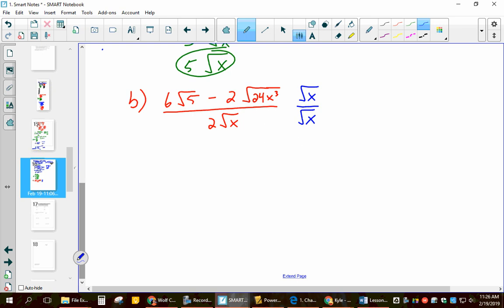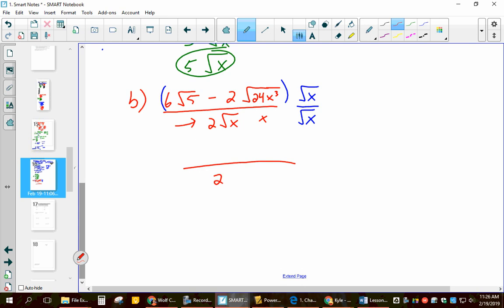But the way that I'm multiplying this by is good because of the bottom part here. I've got 2 times the square root of x, times the square root of x. Let's do that part first. Let's just do the bottom. If I'm just looking at the bottom here, 2 times root x times root x, what would that become?